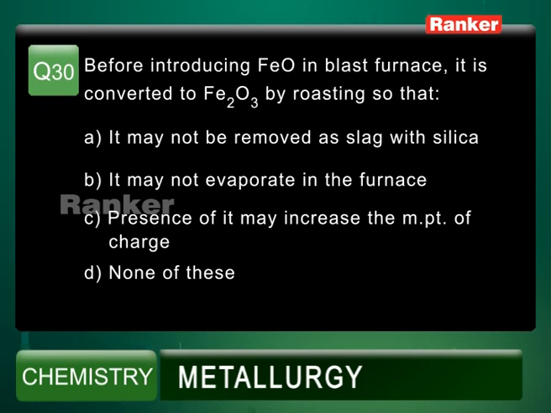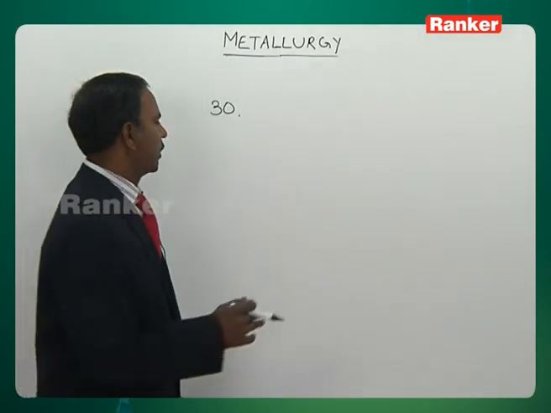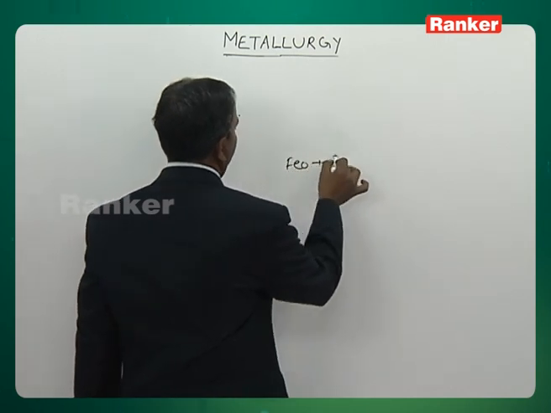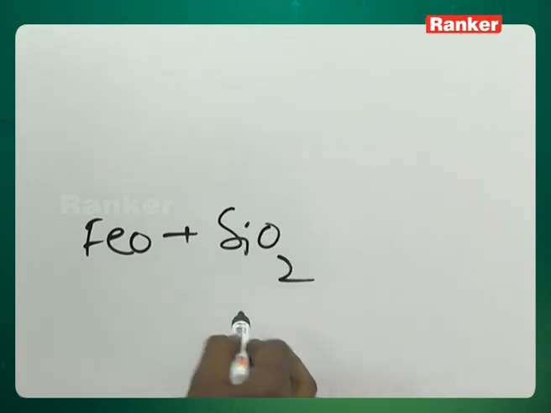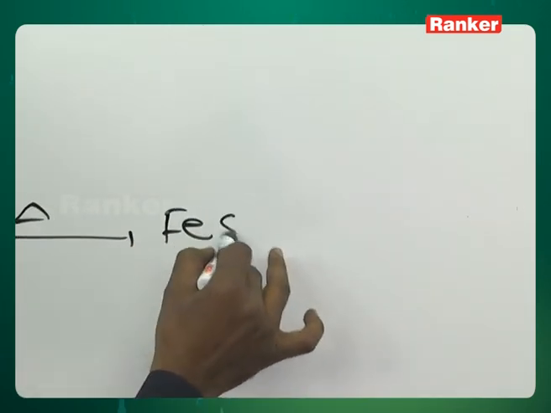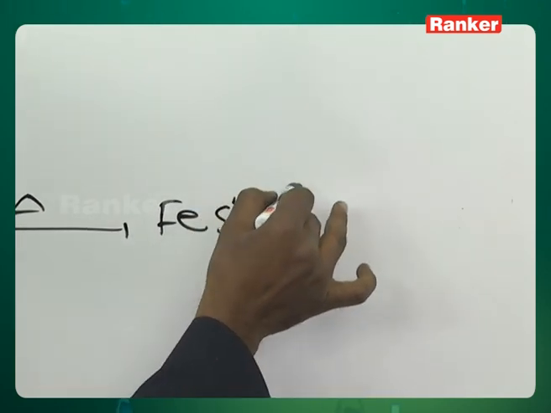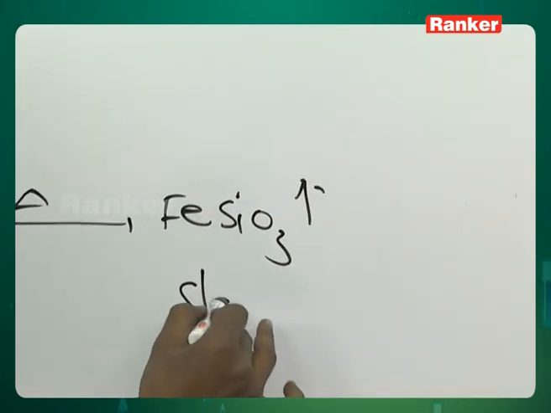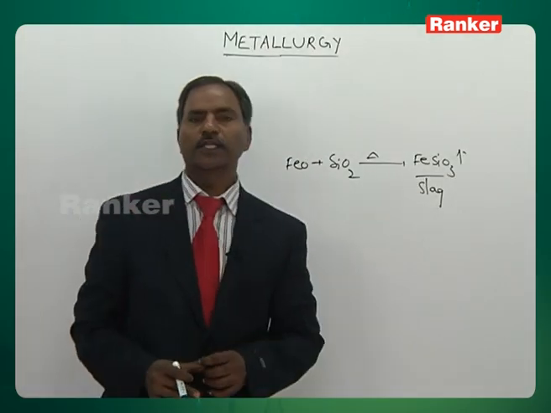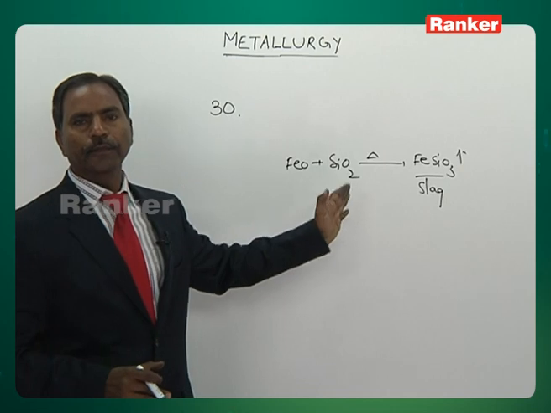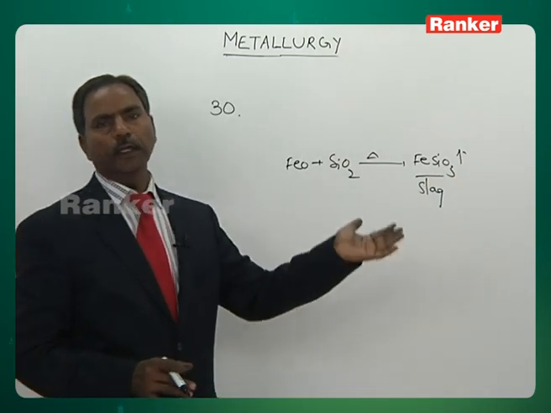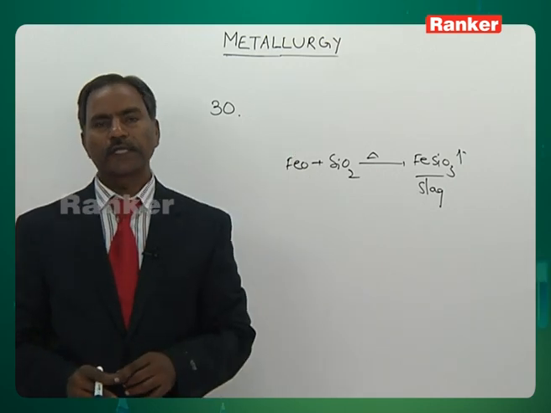See, once FeO is there in the furnace, FeO can easily interact with SiO2, silica, forming ferrous silicate slag. But it should not be easily convertible into slag.